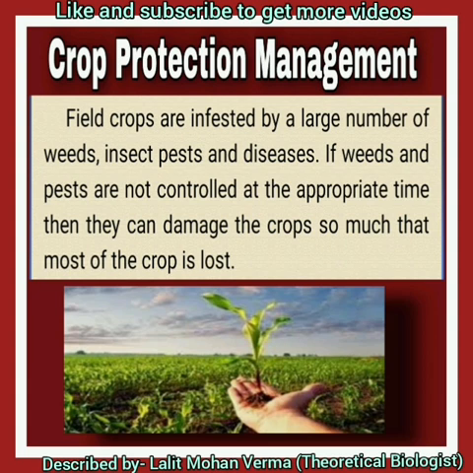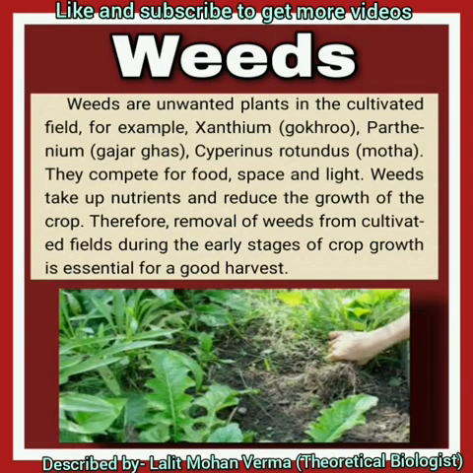If these weeds, insects, pests, and diseases are not controlled at appropriate time, then they can damage the crop, leading to a loss of more than 50 to 60% of economic value. Therefore, it is needed. Let's start with weeds.